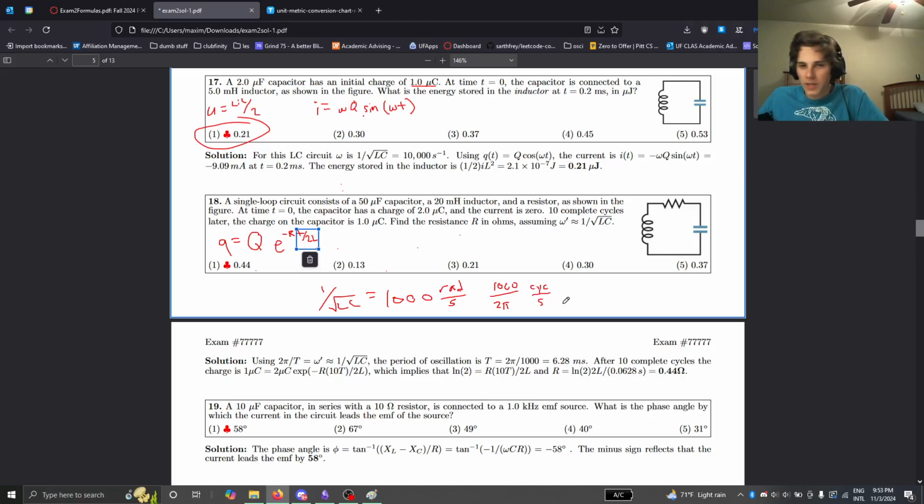Although here we want not the number of cycles per second, but the number of seconds it takes for a cycle. So if we do 2 pi over 1,000, that gives us the number of seconds. And if we multiply that by 10, that will give us the time for 10 full cycles.